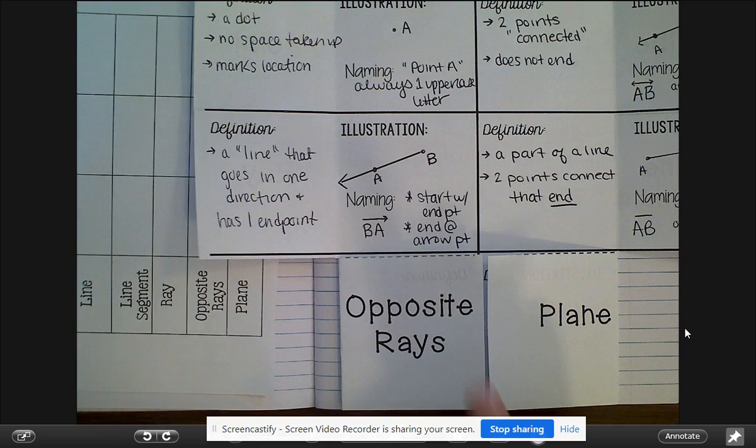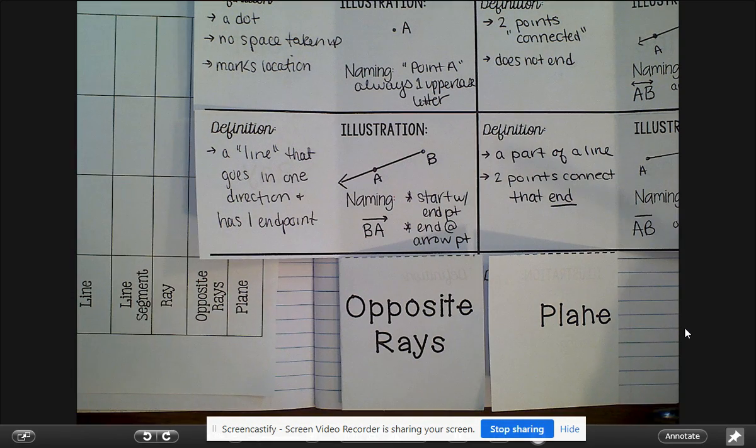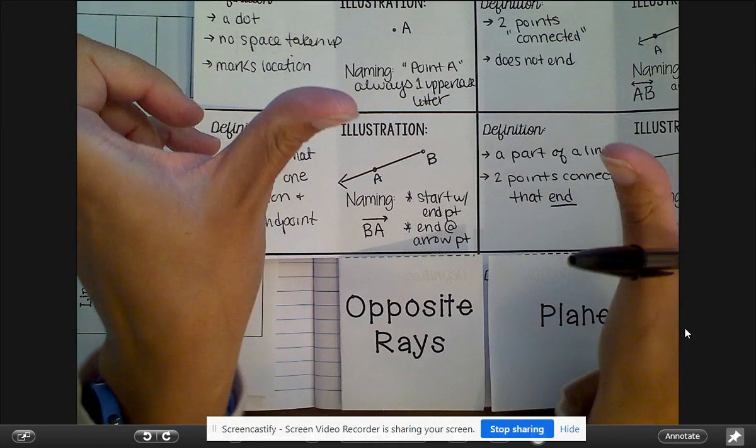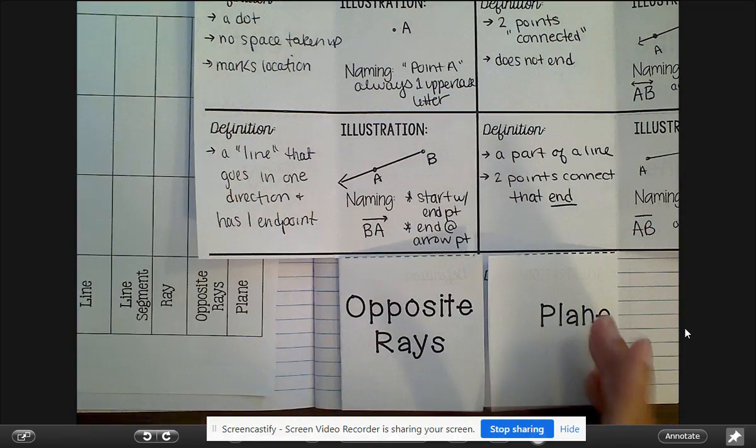which leads me to opposite rays. So when I say that I have opposite rays, I'm talking about 2 rays that go in opposite directions. And so if you think about it, if I have 2 rays going in opposite directions, if I join them together, I should have a full line. So that's kind of interesting.